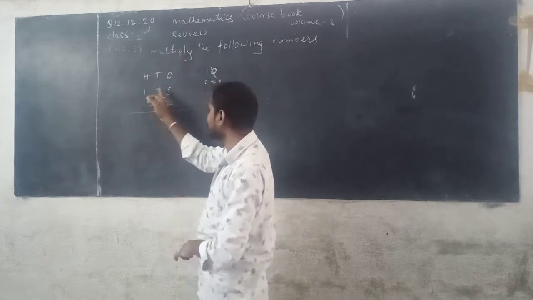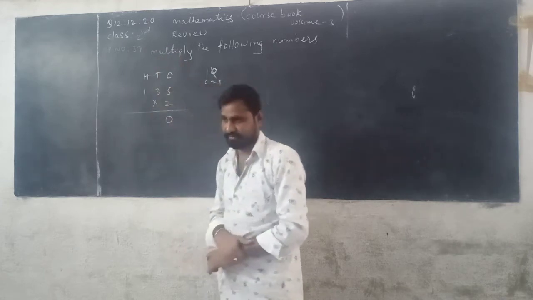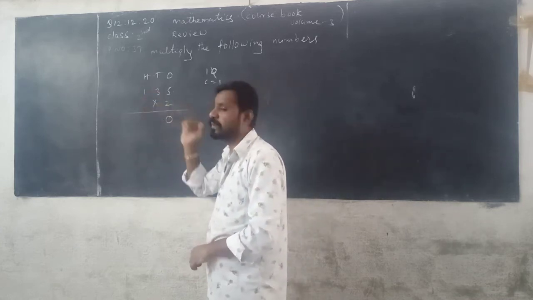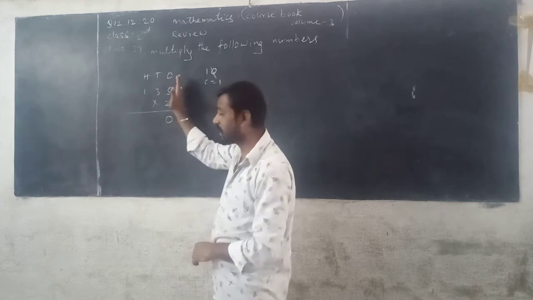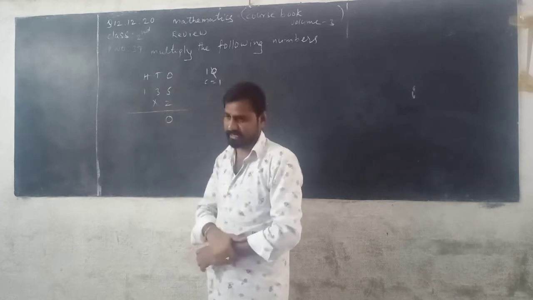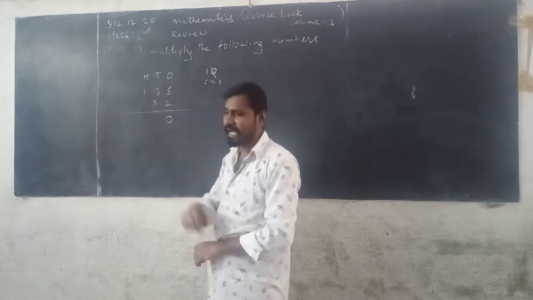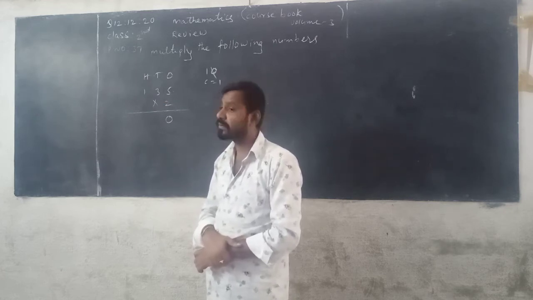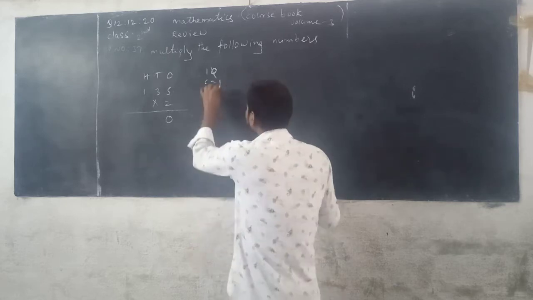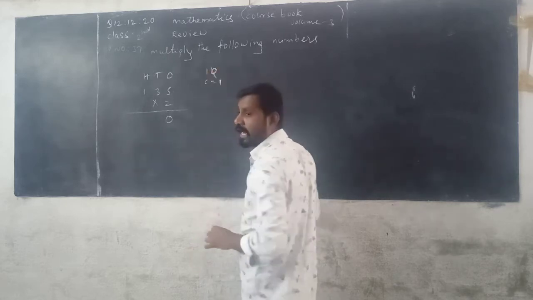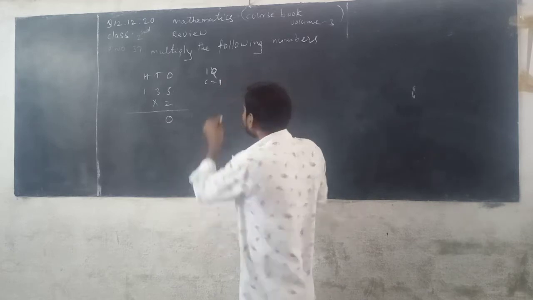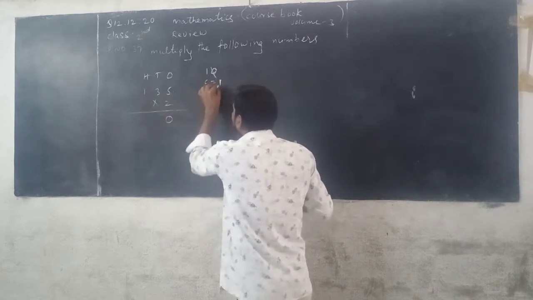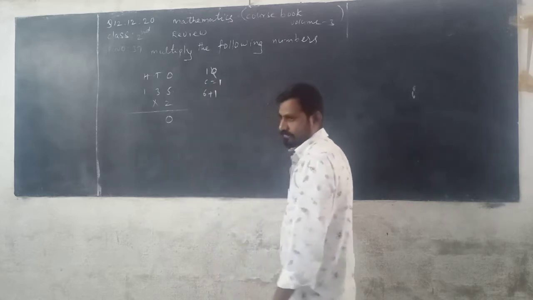Now next we multiply the digit in the tens place. The tens place digit is 3. Did you understand? 3 is multiplied with 2. Ones place is completed, then you can go to the tens place. So 2 3s are 6, but we cannot write 6 directly, because carrying 1 is there.